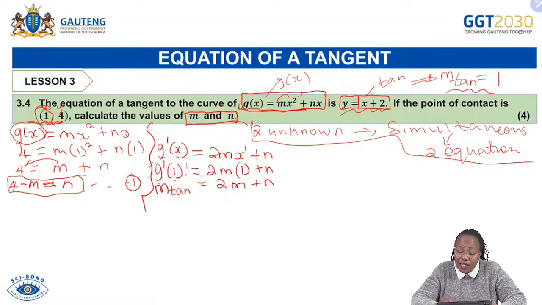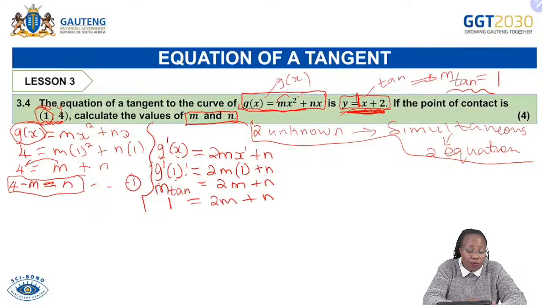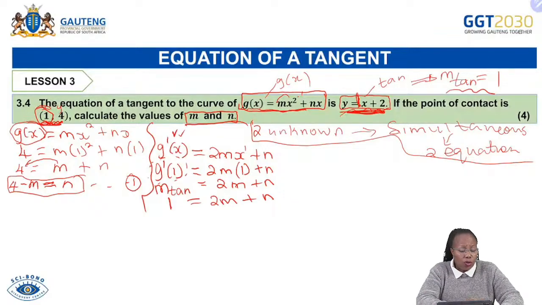So what is the gradient of a tangent according to that equation? This is equal to 1. So 2m plus n equals 1. Remember, this one that we have substituted is from the gradient, not from that point. It's from the gradient because we are having a derivative there. So from equation 1, we have n is equal to 4 minus m. This is our equation 2.